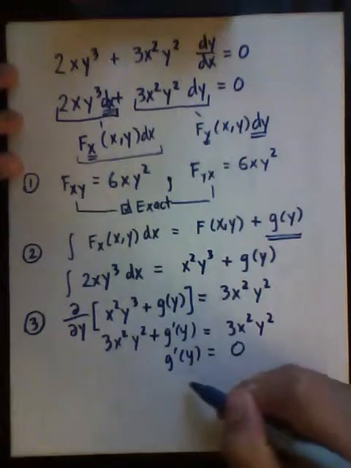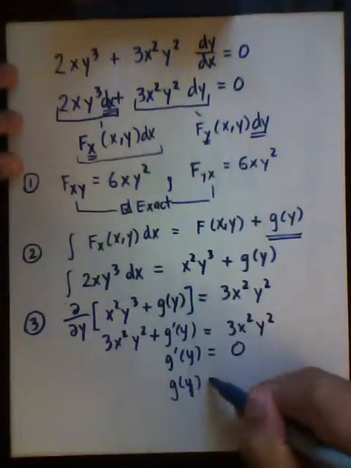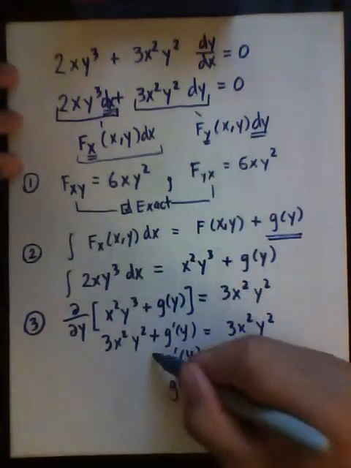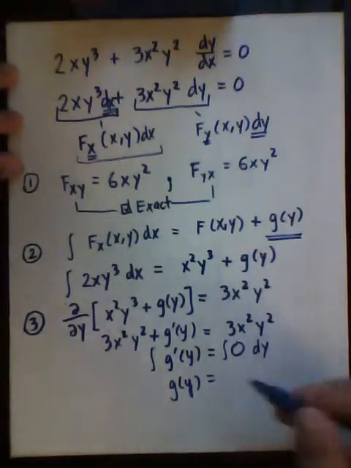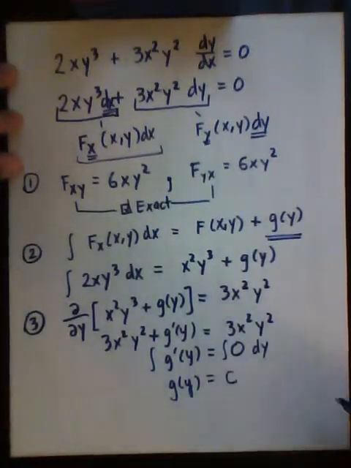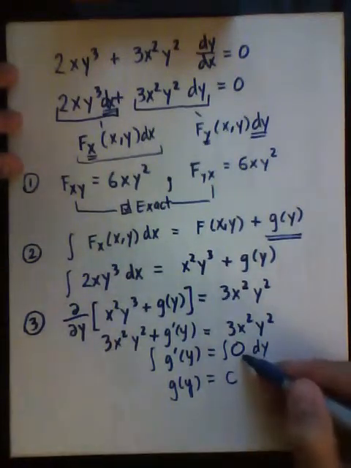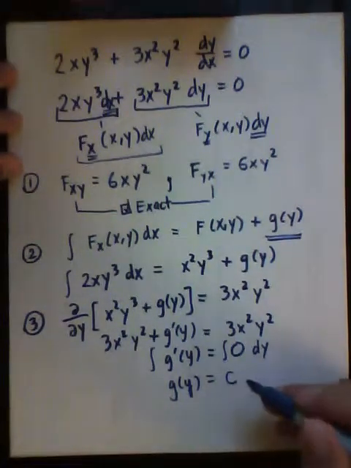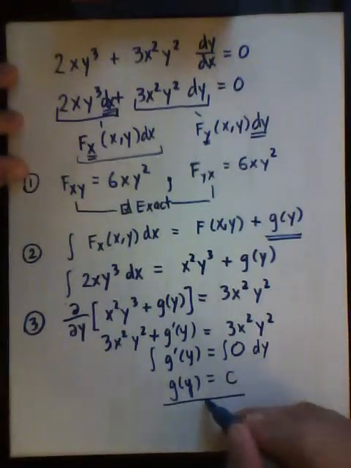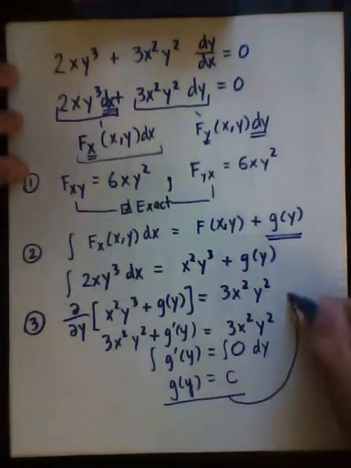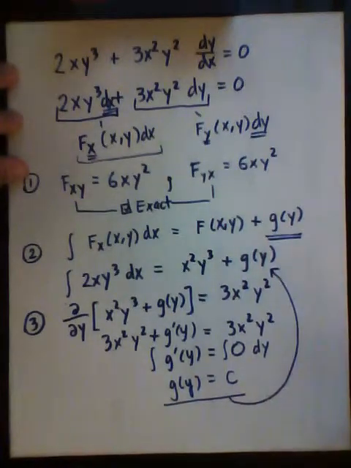Okay, therefore you get g prime of y equals 0. And if you need to actually find g of y, how can you get it? You integrate both sides with respect to y, and you get that g of y equals c, because the antiderivative of 0 is a constant. Okay, so you get this guy, and you plug it back here.